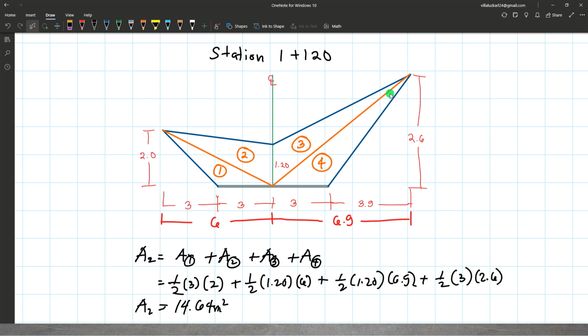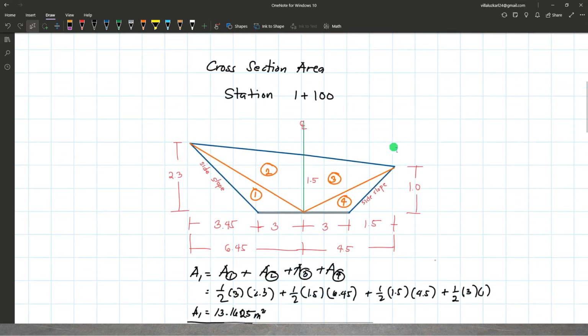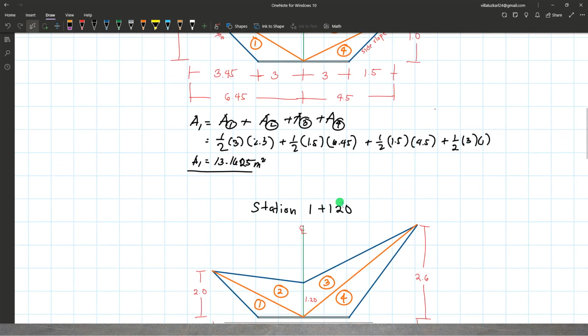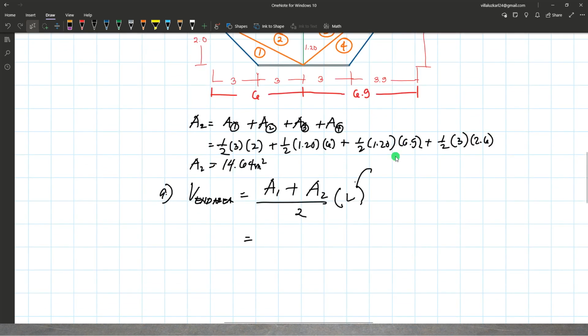That's area 2. So we can now compute using the end area method, the question letter A. By the end area method, just take the average of area 1 and area 2 and multiply it by the distance between the two stations. We have station 1 plus 100 and station 1 plus 120, so the distance between them is just 20 meters. So your L here is 20 meters.